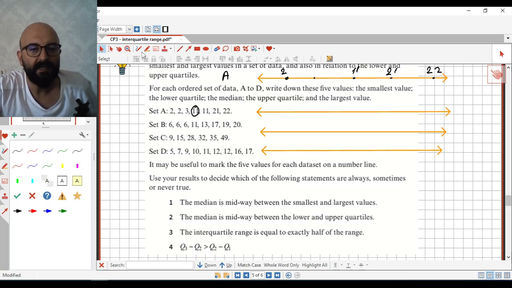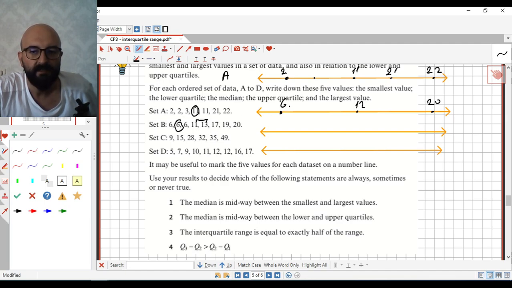Okay, now the second one: the smallest value is 6, the largest value is 20, and the median is 12, the lower quartile is 6, the upper quartile is 19.